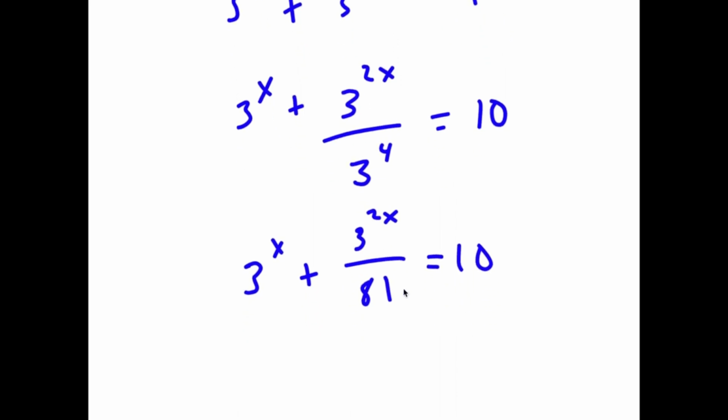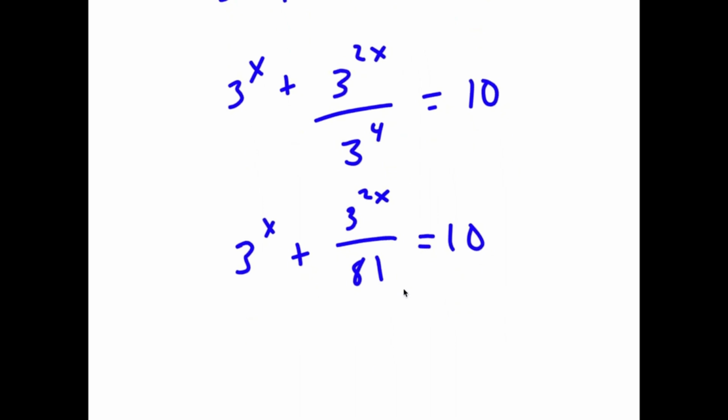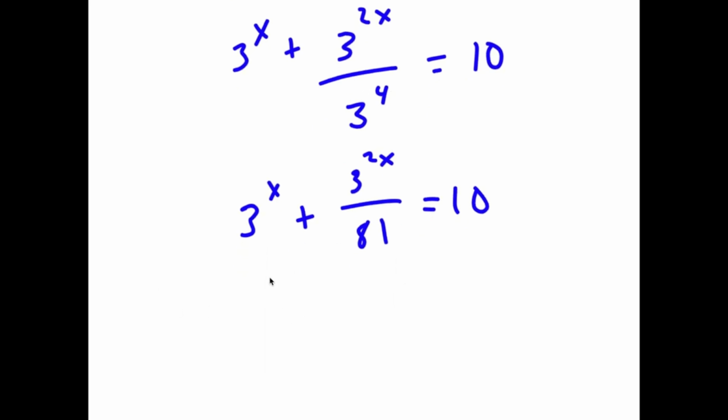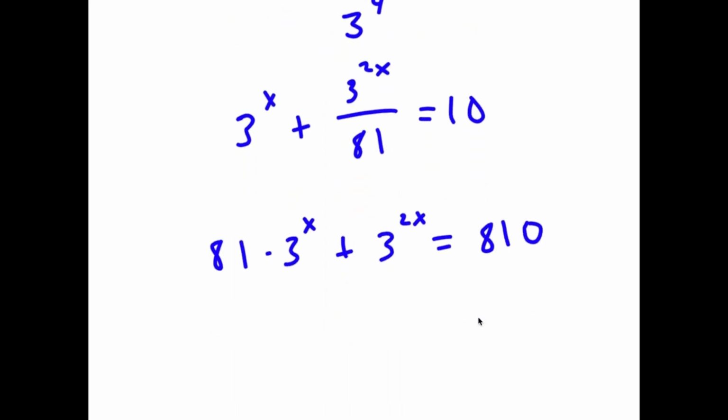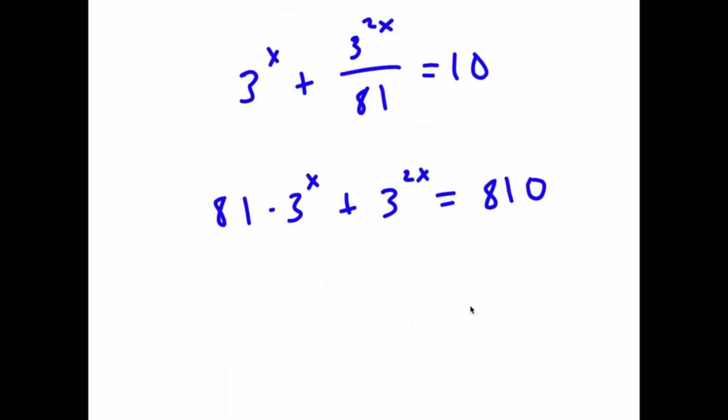Now, I'm going to multiply both sides with 81. So now I'm going to have 81 times 3 to the power of x plus 3 to the power of 2x is equal to 810. Now 3 to the power of 2x, that's the same thing as 3 to the power of x to the power of 2.